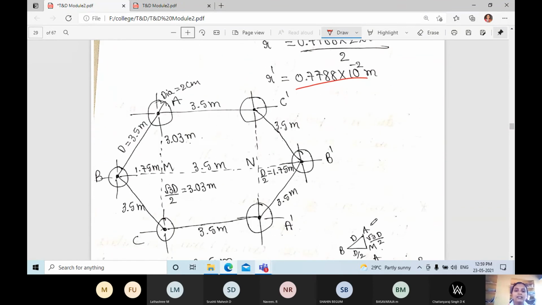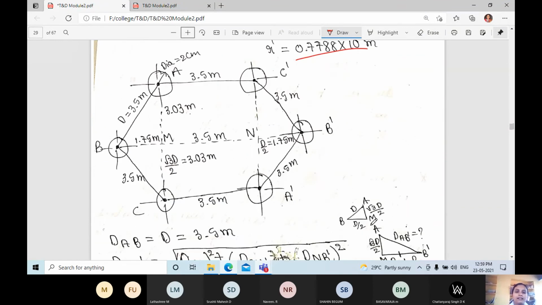They have given the diagram. The distance also they have given, d is equal to 3.5 meter. If they have not given, we need to find out the distance between here to here, which is square root of 3 into d by 2. If they have not given, you know the diagram, right?